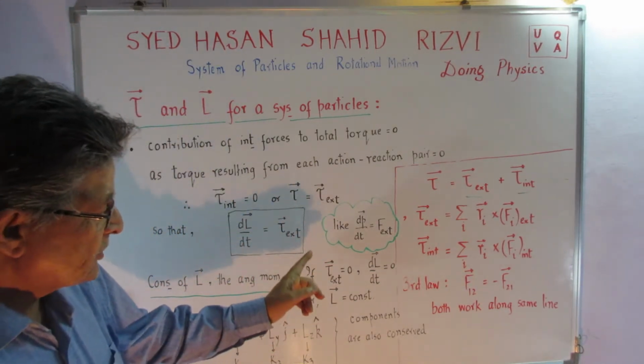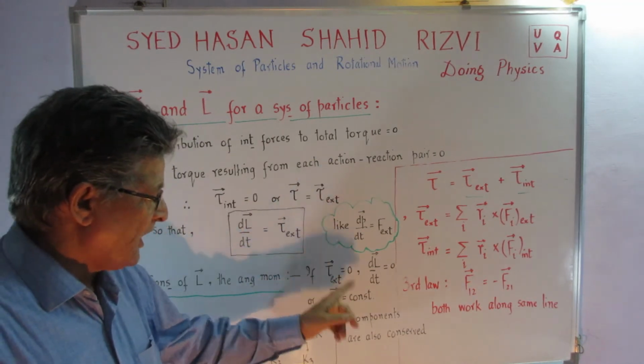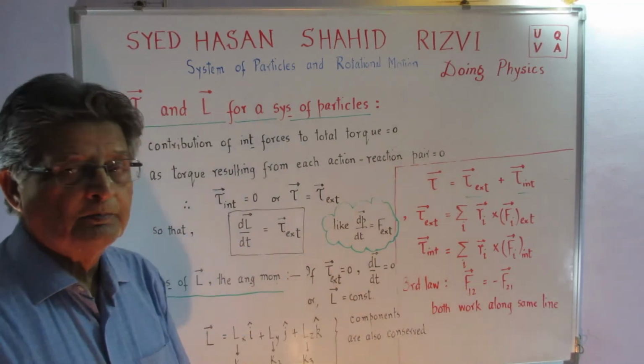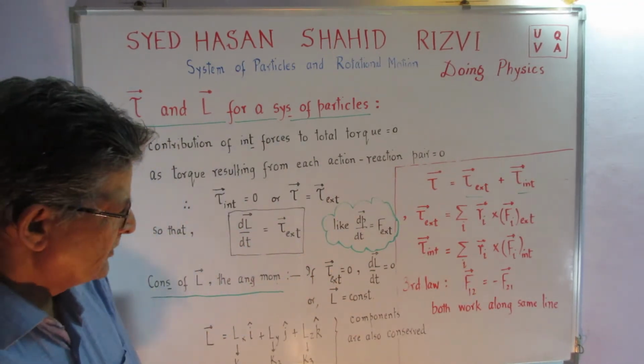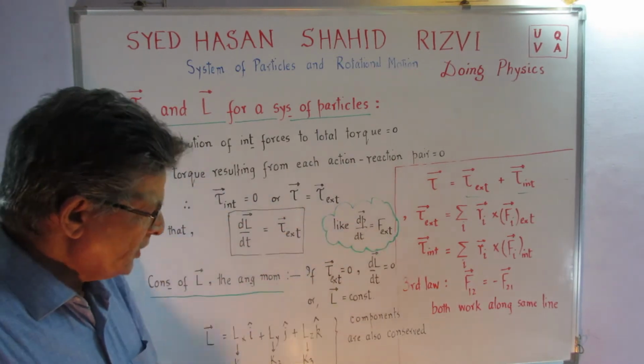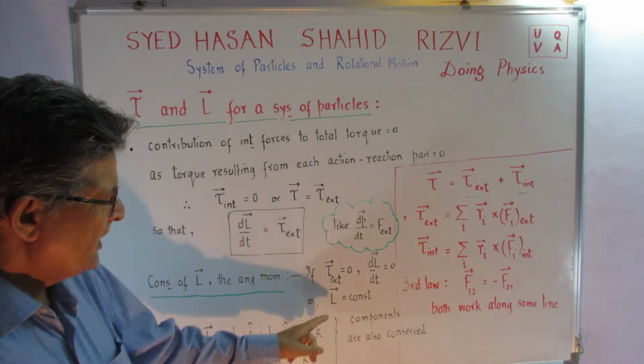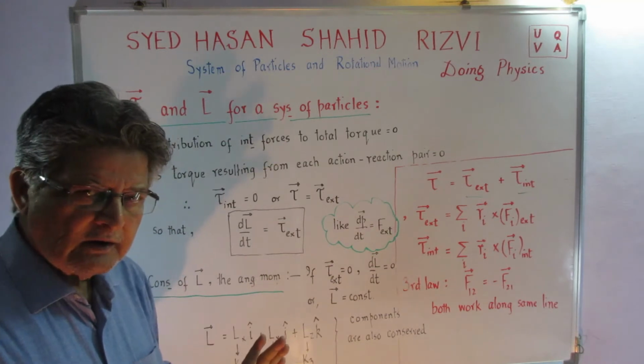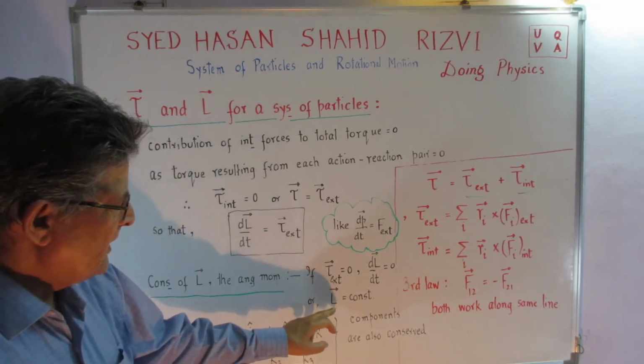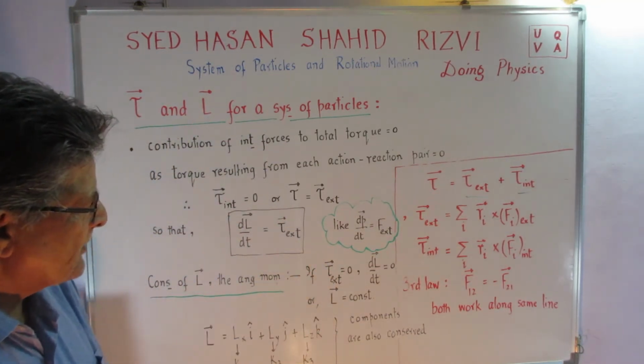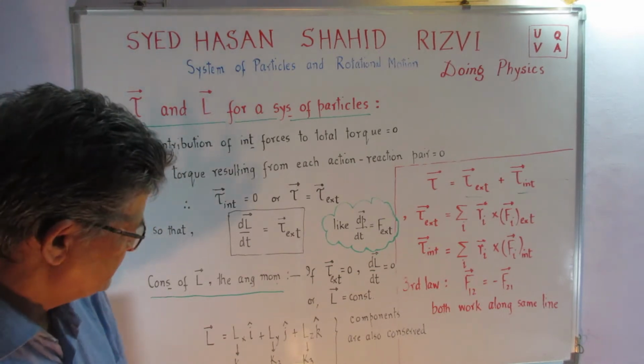Here the application of a torque is essential for changing the angular momentum of the body. So dL/dt is equal to 0, which means L is equal to a constant. That is, total angular momentum is conserved.